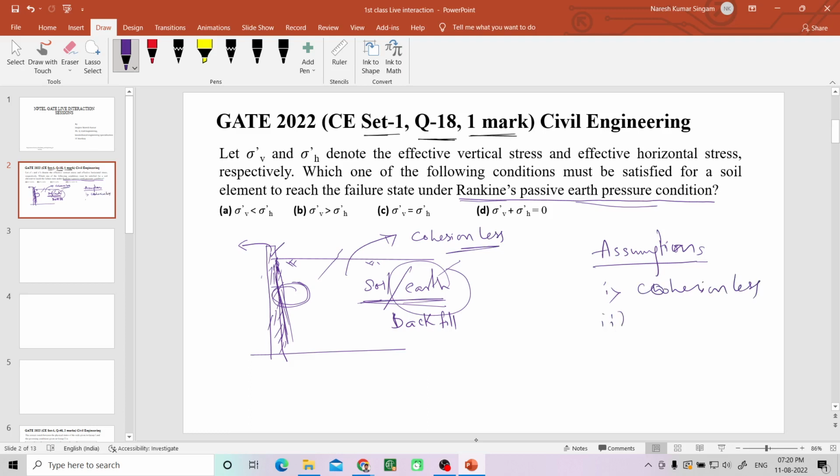Cohesionless. And the second one? The retaining wall surface is smooth. There are other assumptions not related to this particular question. Cohesionless soil means cohesion is not there, that is C equal to 0. The soil has only a friction angle, which is not equal to 0.